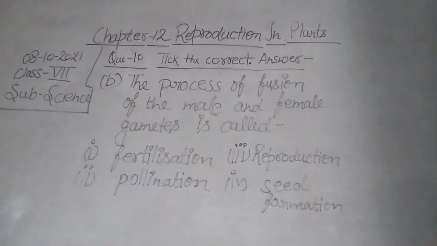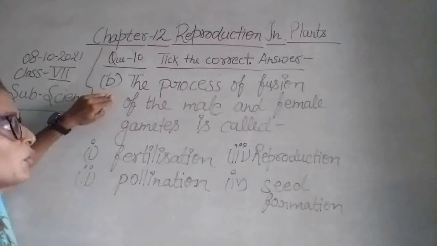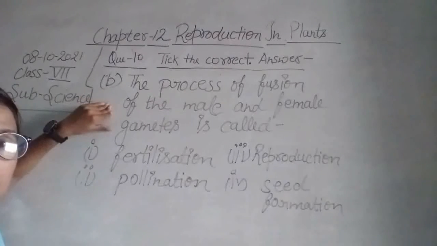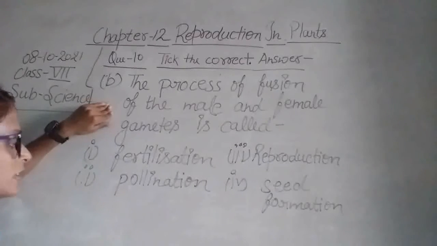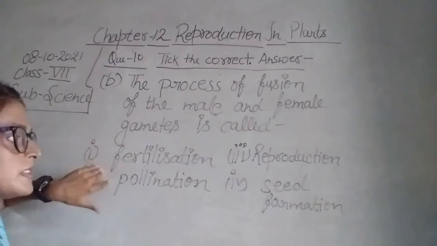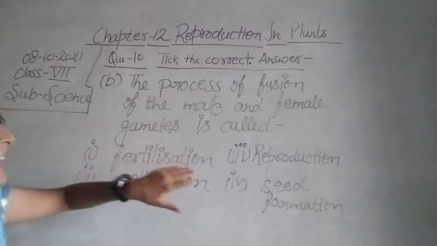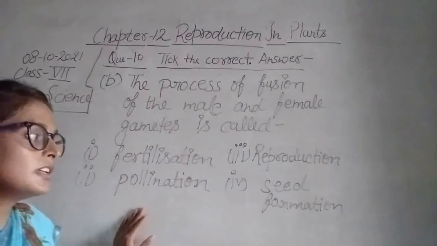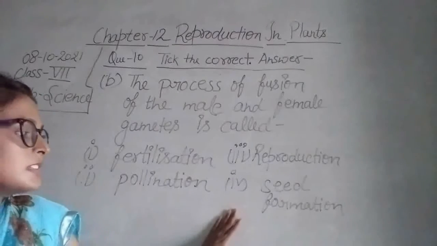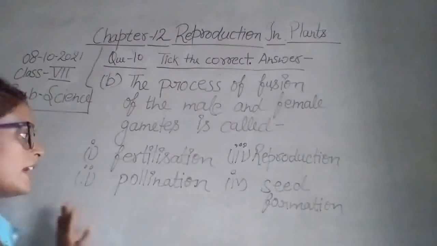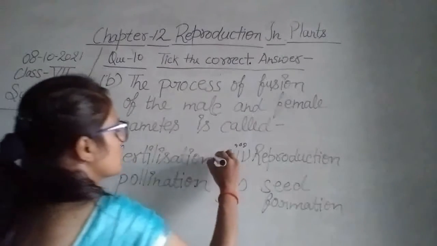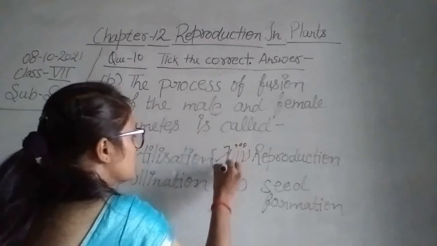Now in this question, the process of fusion of the male and female gametes is called: first option is fertilization, second option is reproduction, third option is pollination, and fourth is seed formation. And the right answer is fertilization.